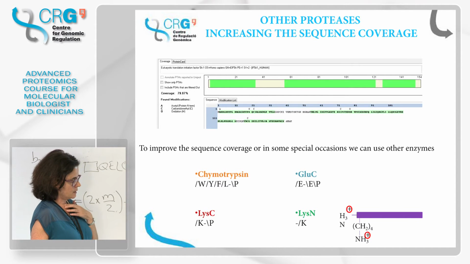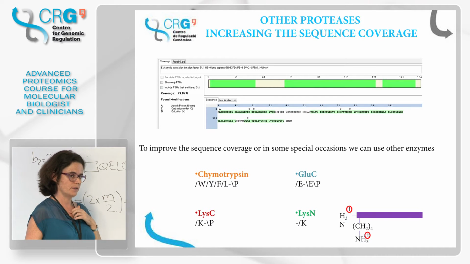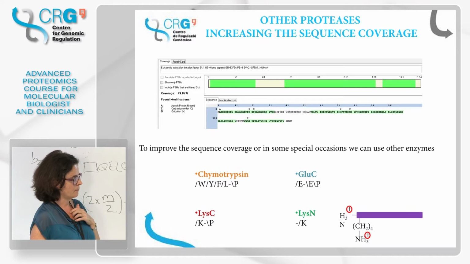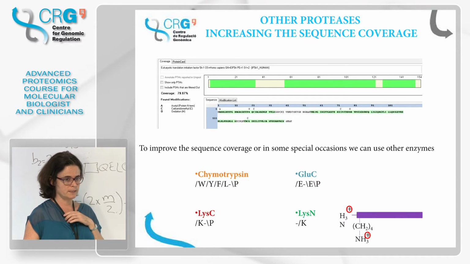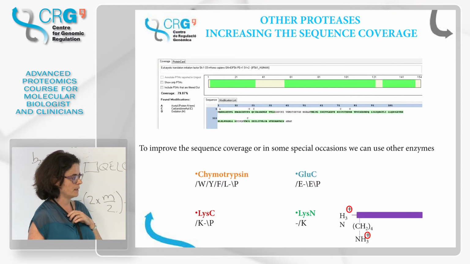And then there is Lys-N, which instead of cutting after lysine, cuts before lysine. And the type of peptides that you get are this type. They are also doubly charged, but the two charges are on the same side of the peptide.